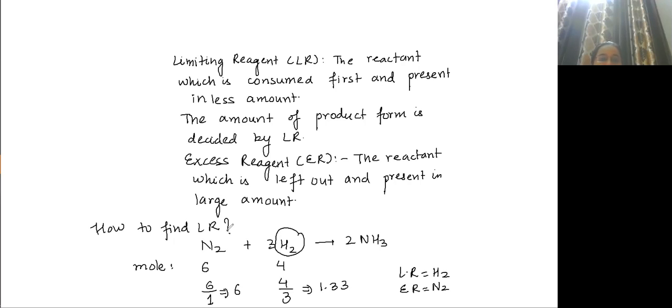Copy this. So how to find out LR? Mole divided by stoichiometric coefficient, and the less number is LR. If this is done, let me know.